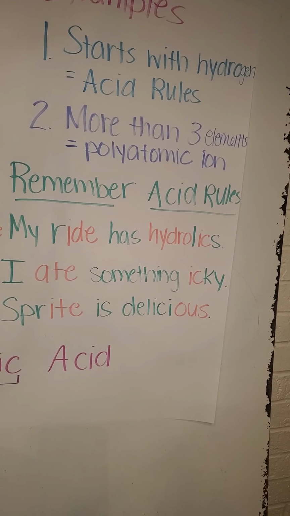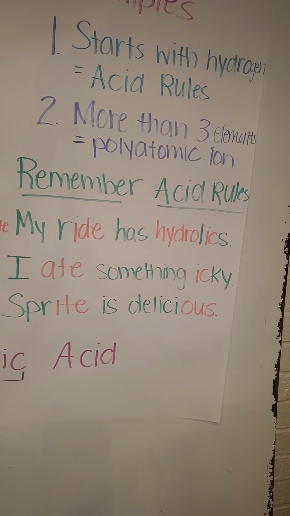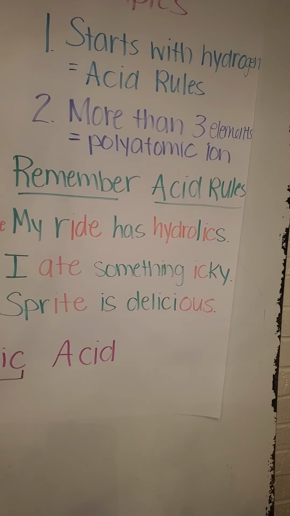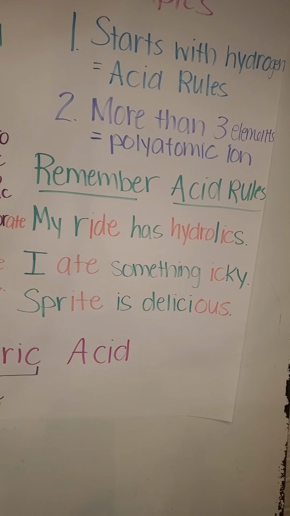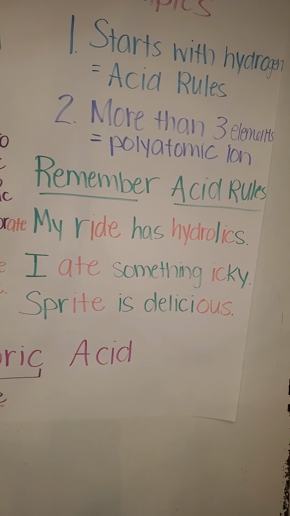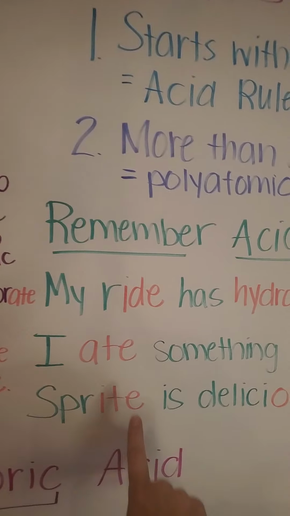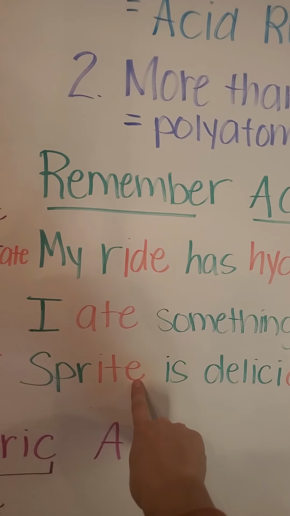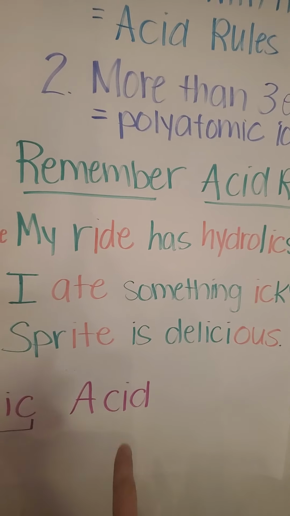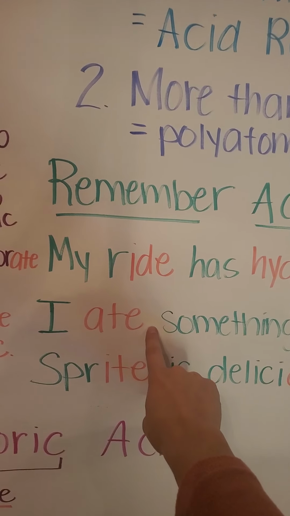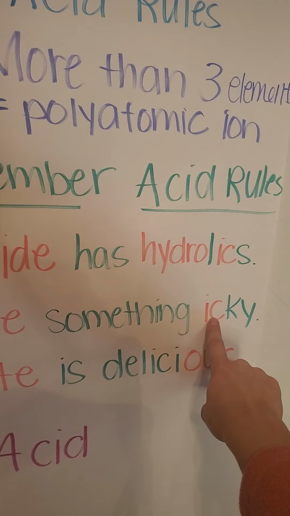So it would be hydro, enter name, so like hydrobromic acid if it's HBr. If you have a polyatomic ion, you need to watch the endings. So you're either going to have an ATE ending or an ITE ending, and they both switch and become something different. So the way we remember, if your polyatomic ends in ATE, you change the ending to IC.